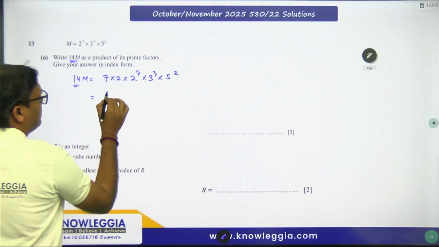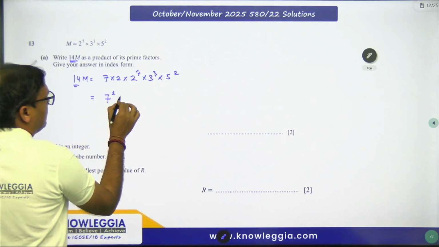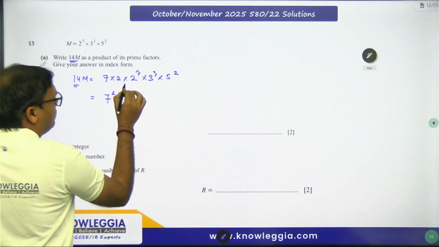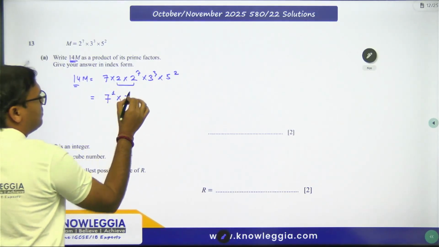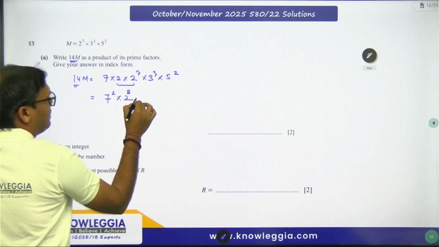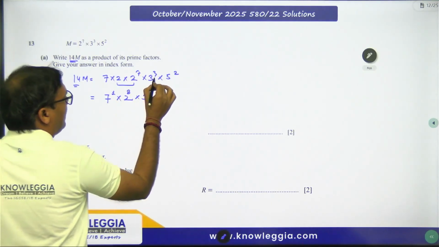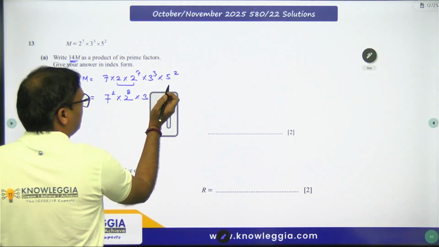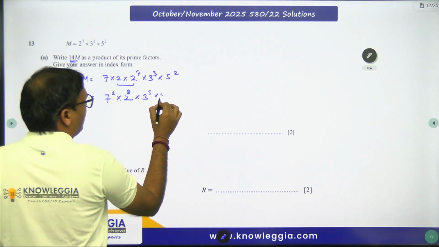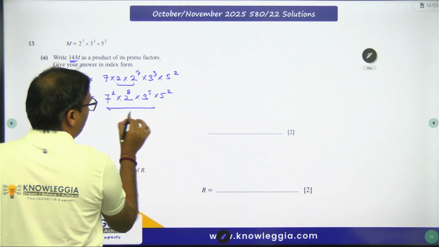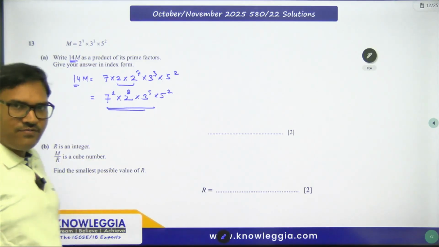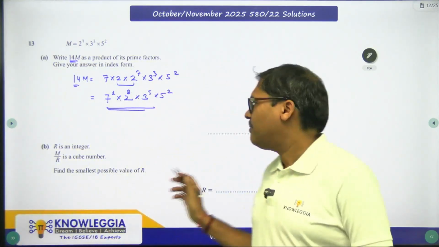So you can see, this is 2 into 7 raised to 1, this is 2 into 2 raised to 7, which is 2 raised to 8, and we keep 3 raised to 3 and 5 raised to 2. This is the value in product of prime factors. So this is just adding the powers.